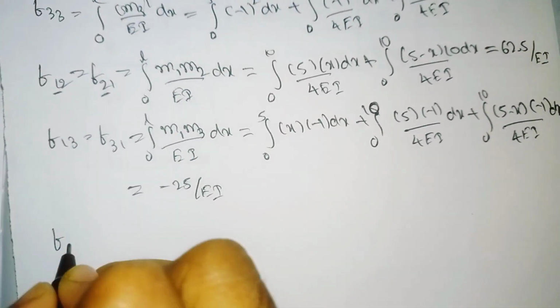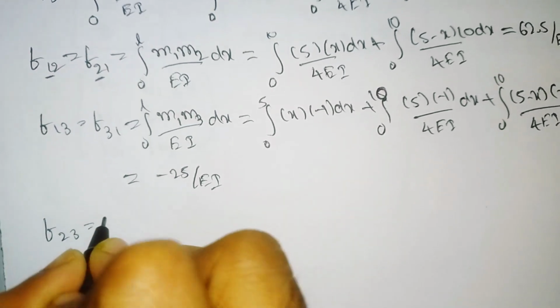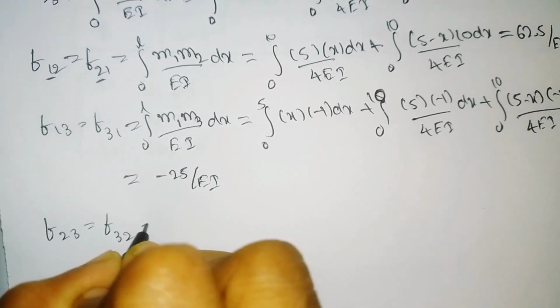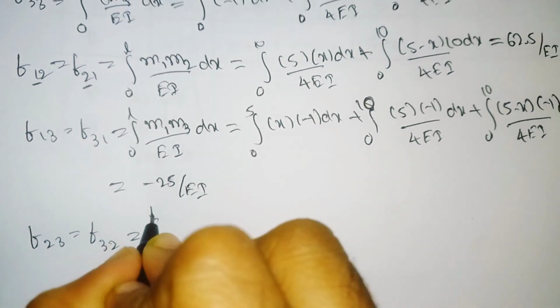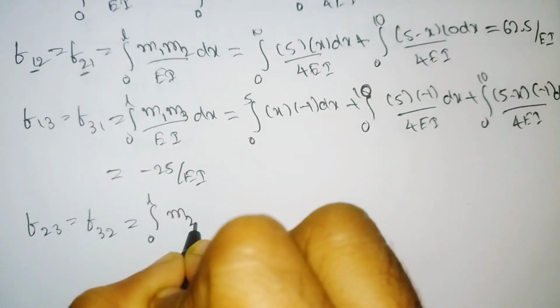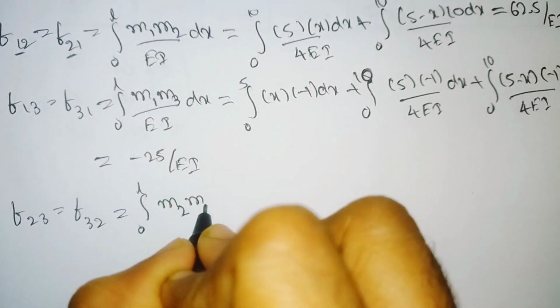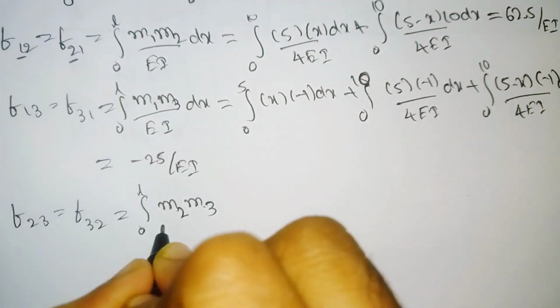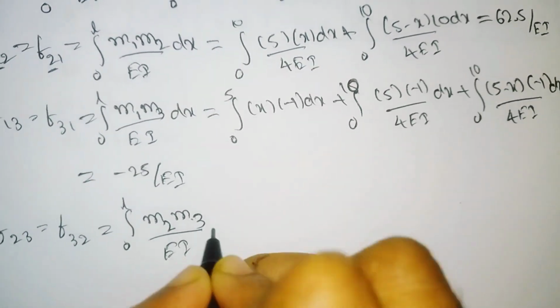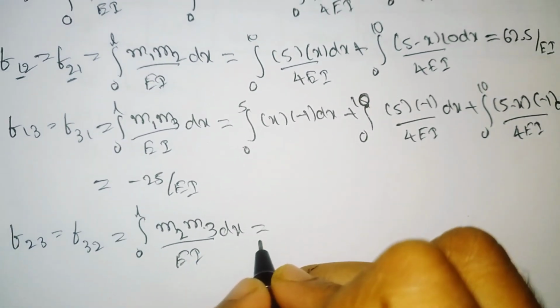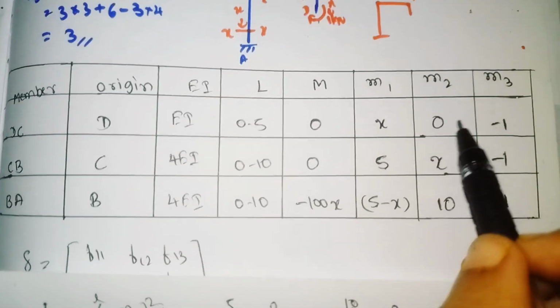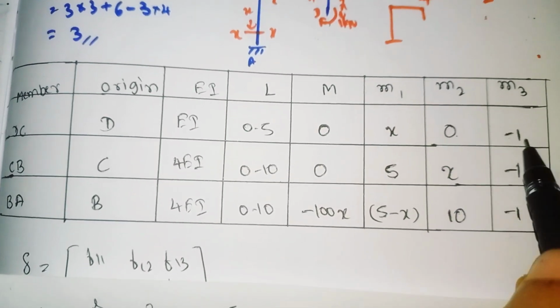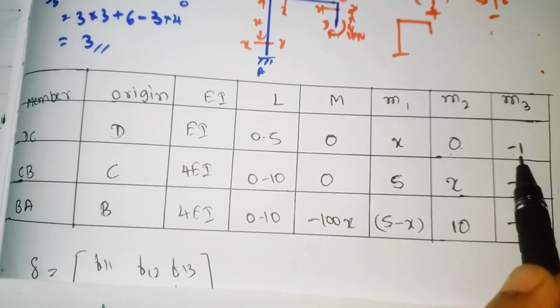Similarly for f23 is equal to f32, integration of 0 to L m2 and m3 divided by EI into dx is equal to integration of, for DC, m2 value is 0, this into this 0 and anything becomes 0. I am not doing it.